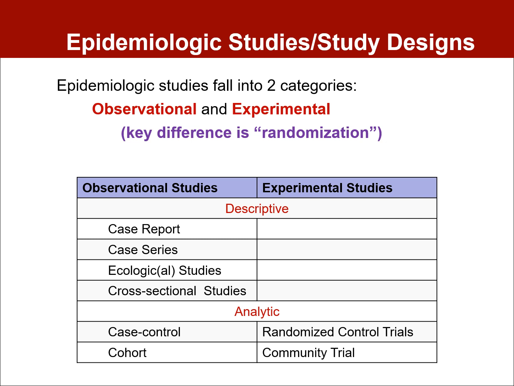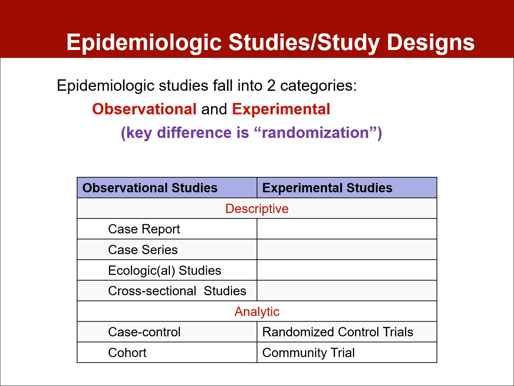we go to cross-sectional studies, which in some instances I said might be considered analytical because we may be able to estimate an odds ratio for an exposure or an outcome in that particular setting at that point in time. But it's typically a descriptive study design.